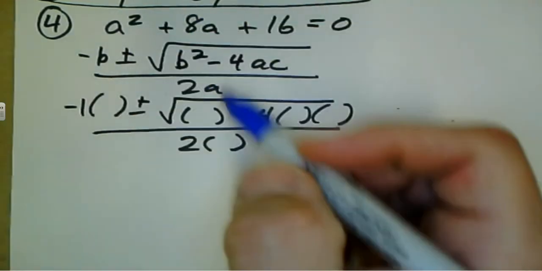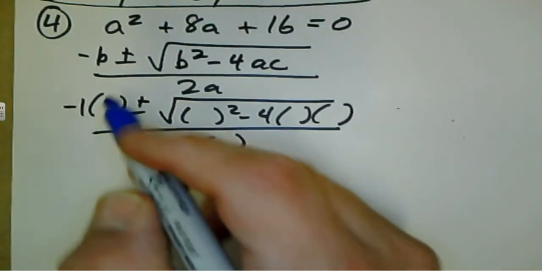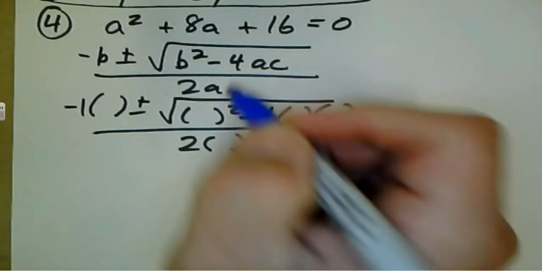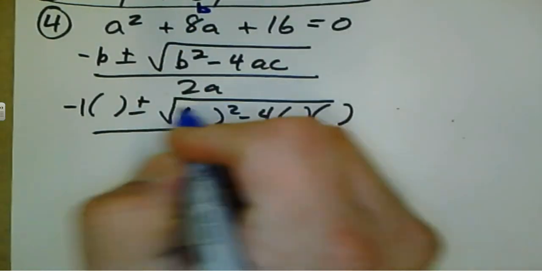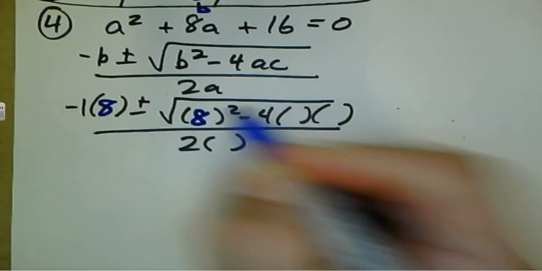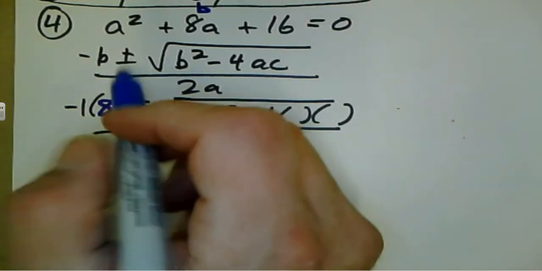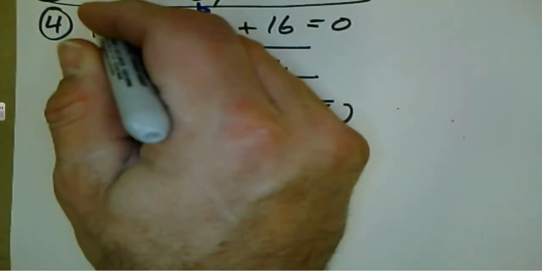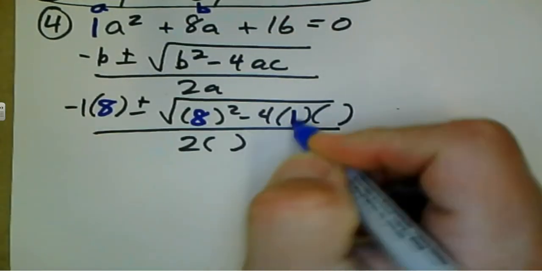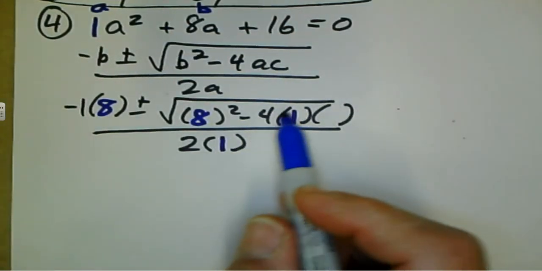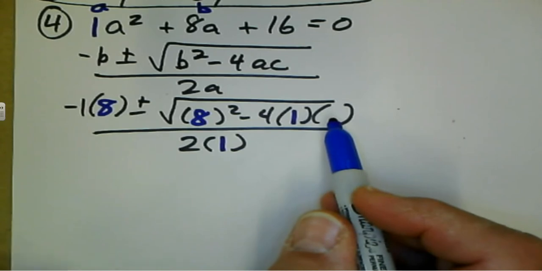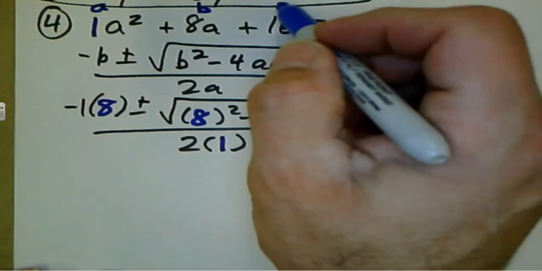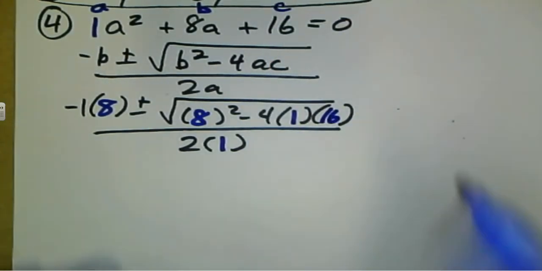So I know if I look, I'm looking for b, right? So b is what? 8. A is 1, that's the A, so 1 and 1 there. Top and there. And the last one is always the C. And what is C? 16.